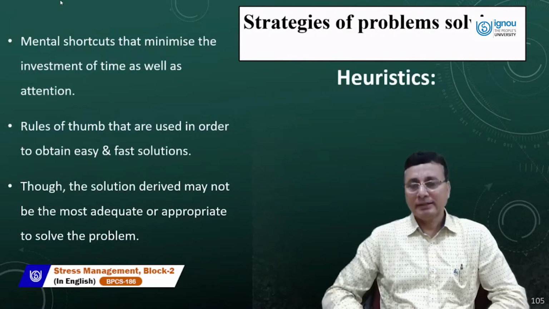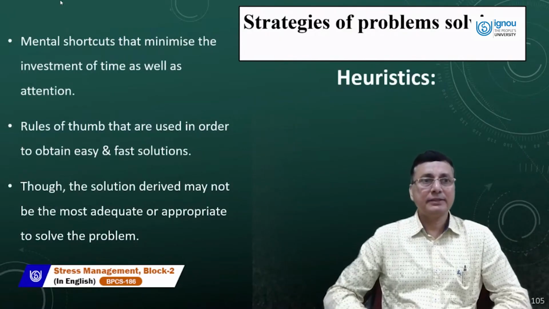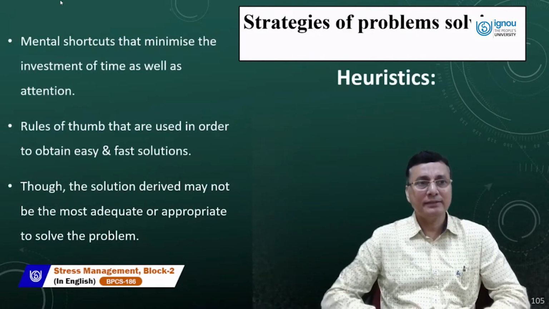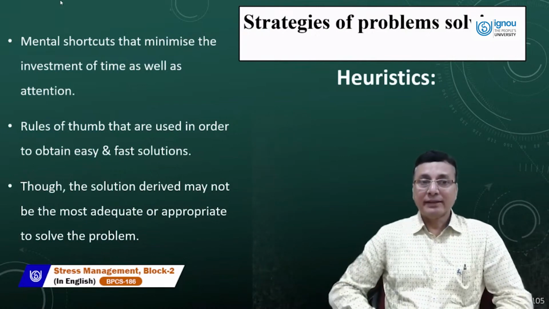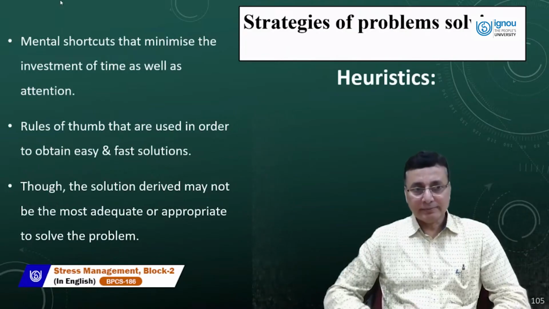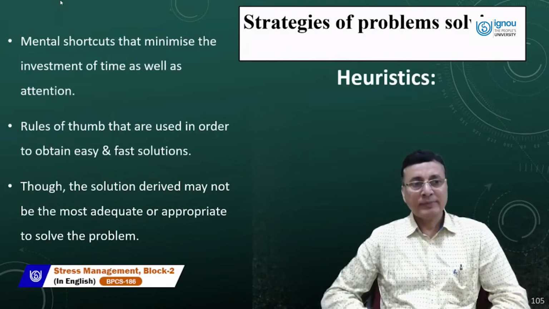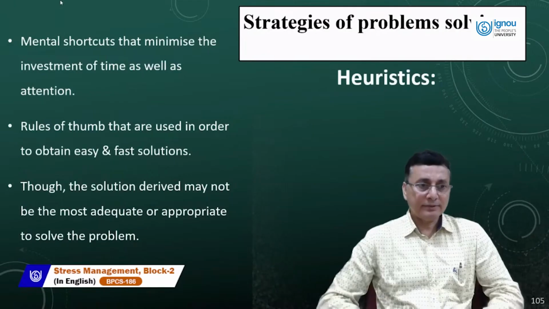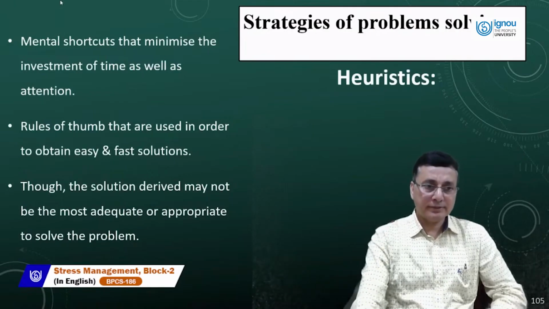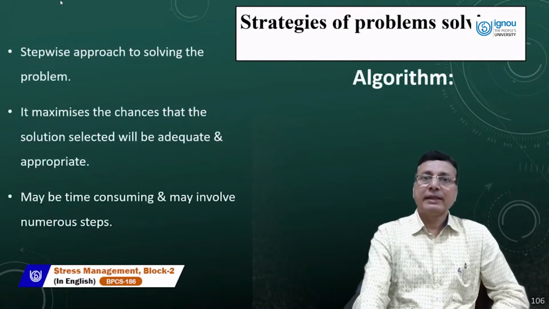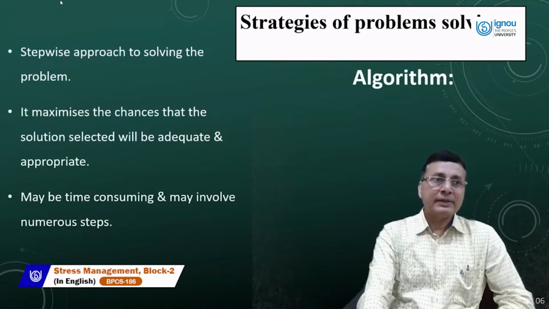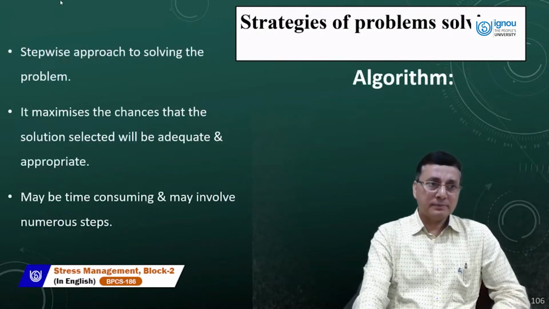Another strategy is heuristics, mental shortcuts that minimize the investment of time as well as attention, rules of thumb that are used in order to obtain an easy and fast solution, though the solution derived may not be the most adequate or appropriate to solve the problem. Another one is algorithm, a stepwise approach to solve the problem.